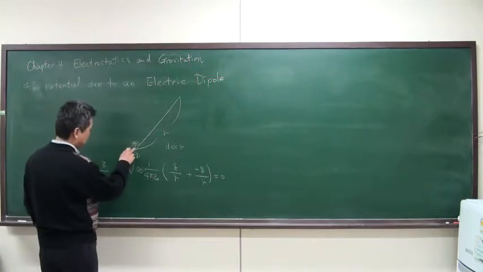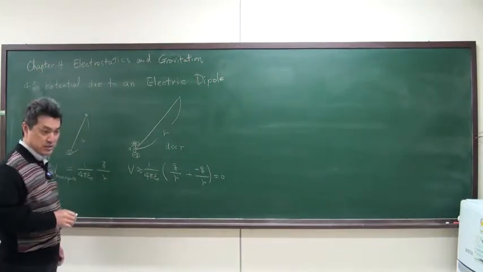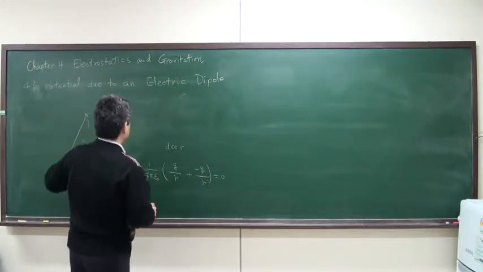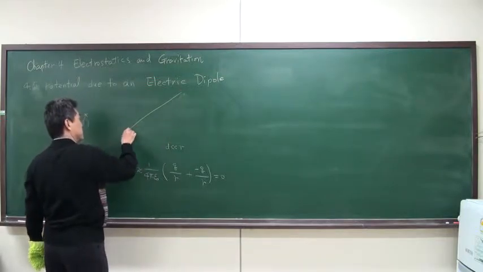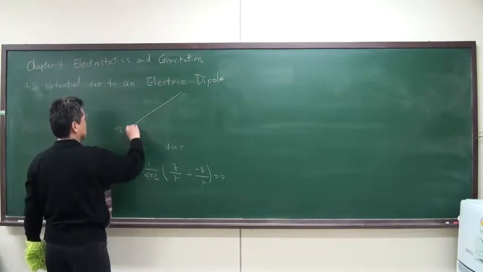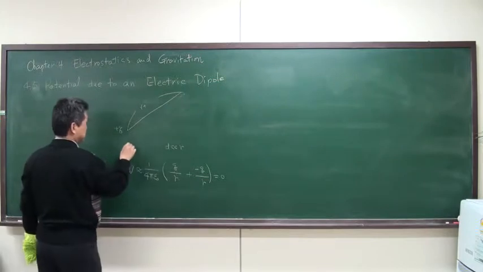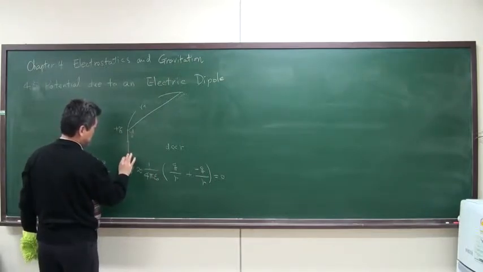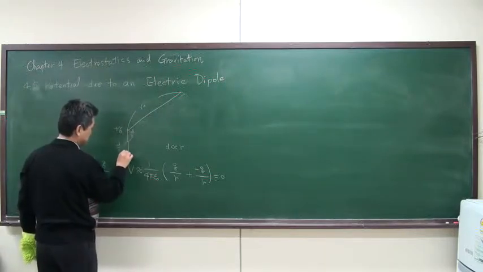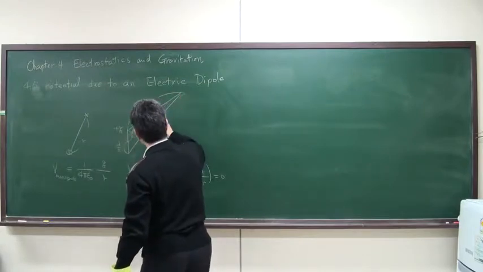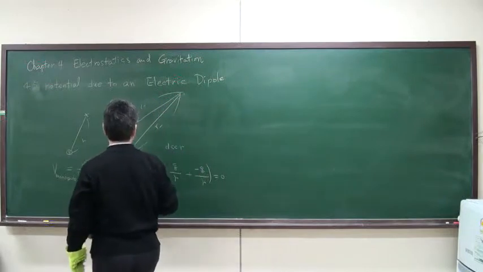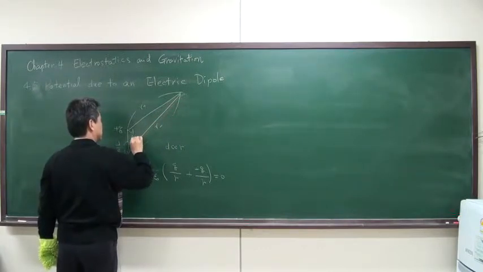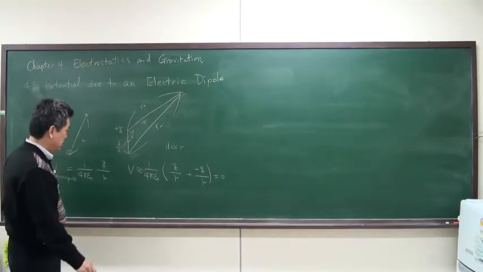If we consider the exact relation, the actual distance from the field point to the positive charge is R plus, and I have half of D origin and another half of D. This distance is R minus, and the distance that we have used is R. That is different. They are different.